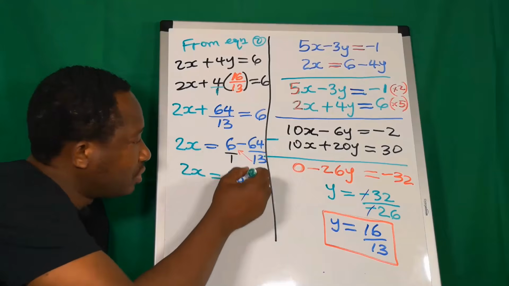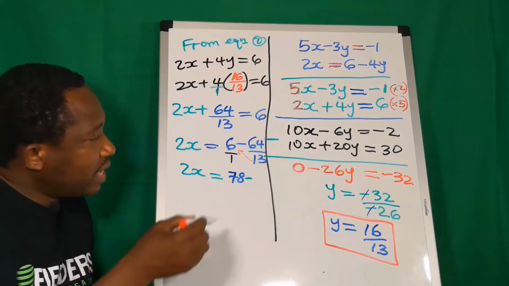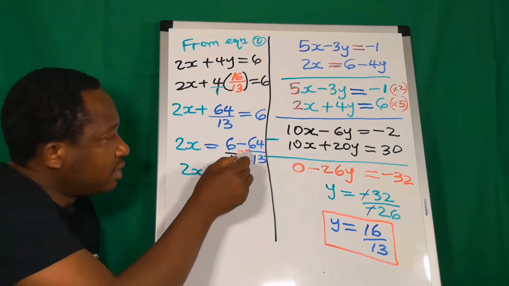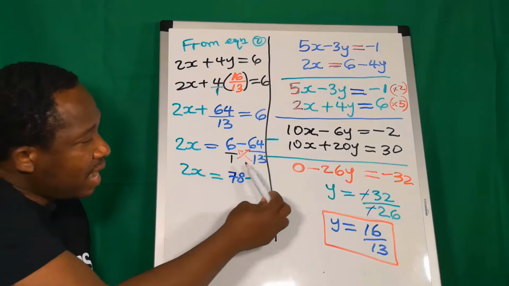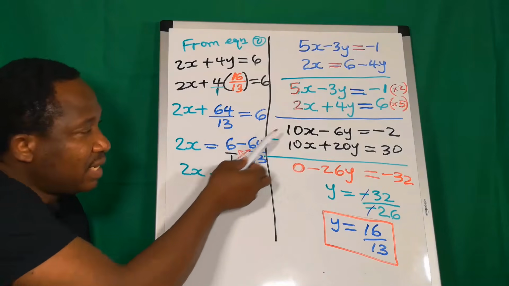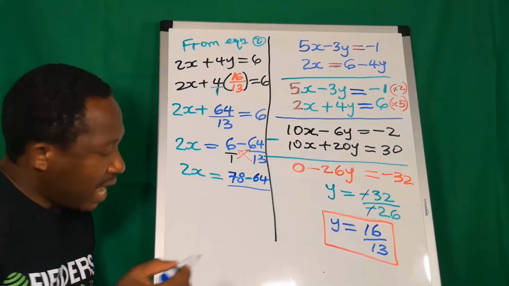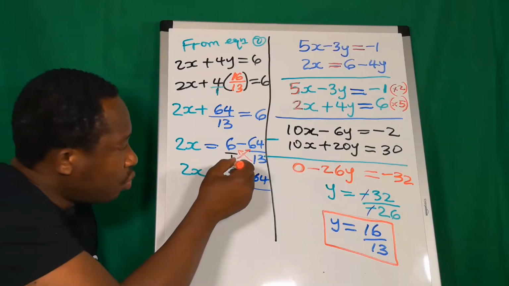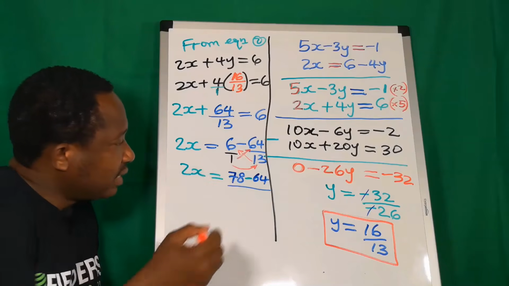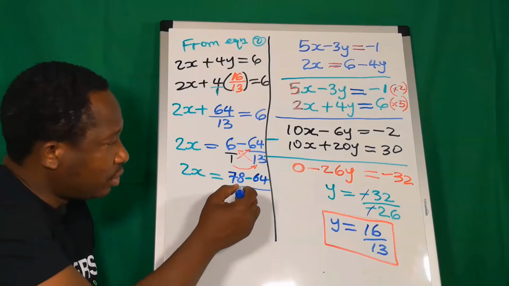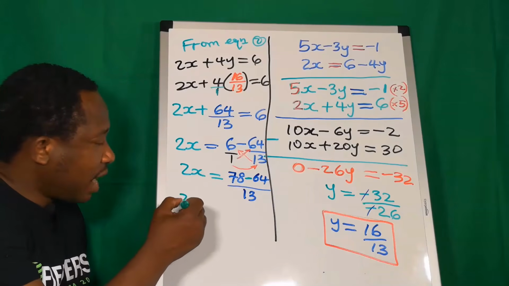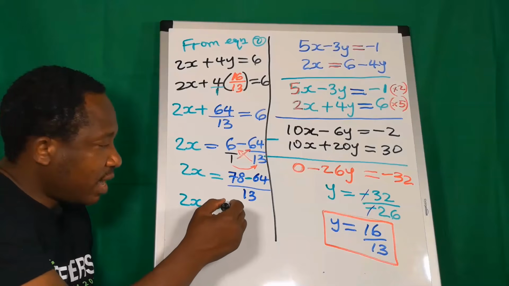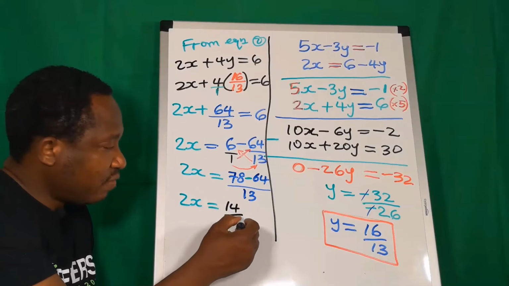Next, I will return this minus. Next, 1 will multiply 64. Remember, I went like this first, then like this. Next, at the denominator, 1 will now multiply 13, and we're going to have 13. I have 2x. Here, I have 14 over 13.